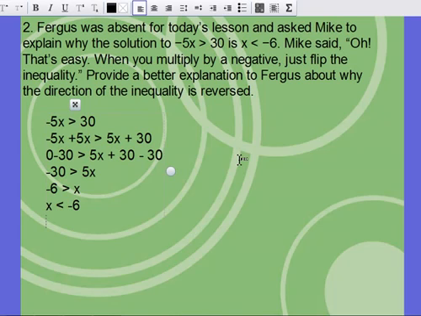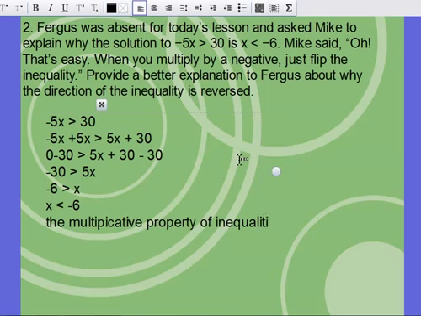So rather than saying that when you multiply or divide by a negative, just flip the inequality, okay, what we should say is that the multiplicative property of inequality only works with positive values.